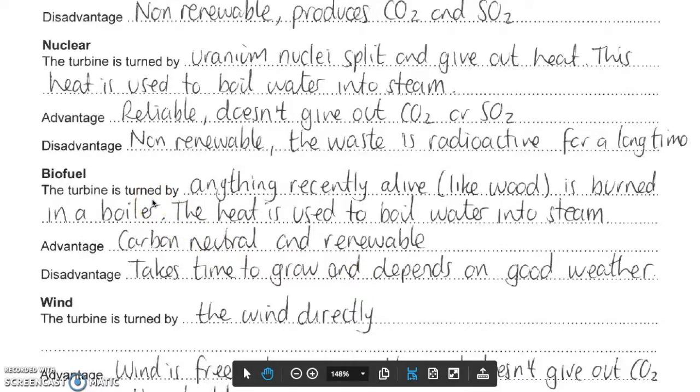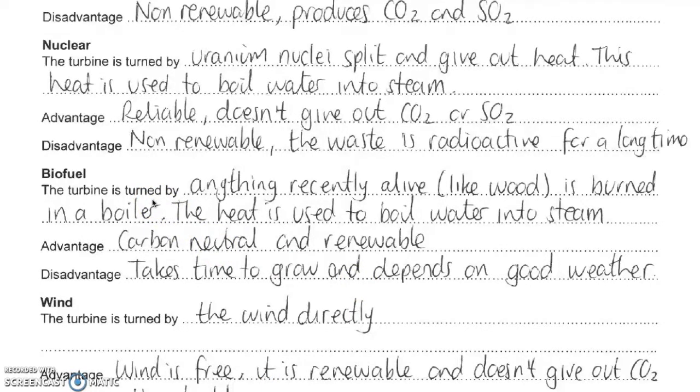Biofuel is anything that has recently been alive, for example wood, and we basically heat it up. Similarly, we can use it to heat up some water, and the steam turns a turbine, and so on. Now, when we say it's carbon neutral, and we're talking about wood that naturally dies out, it means we're not cutting down more trees, which photosynthesize, as opposed to producing carbon dioxide in our power station.